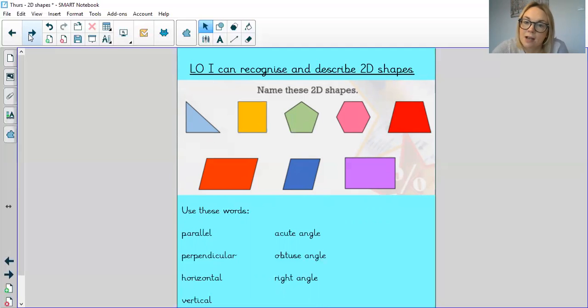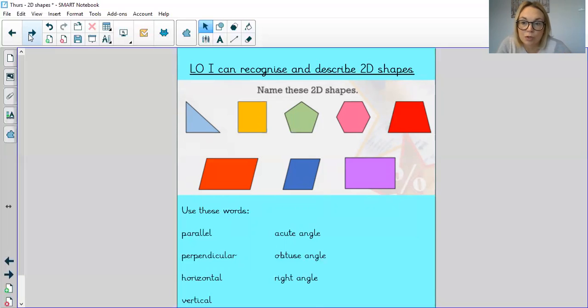Now, vertices are the corners. So where 2 lines meet, they are vertices. So if I was describing the square, I would say it's got 4 vertices or 4 corners. Try and use the word vertices if you can. So you can start by saying how many sides and how many corners or vertices, but also see if you can use some of the words on the screen. So how many sets of parallel lines has it got?